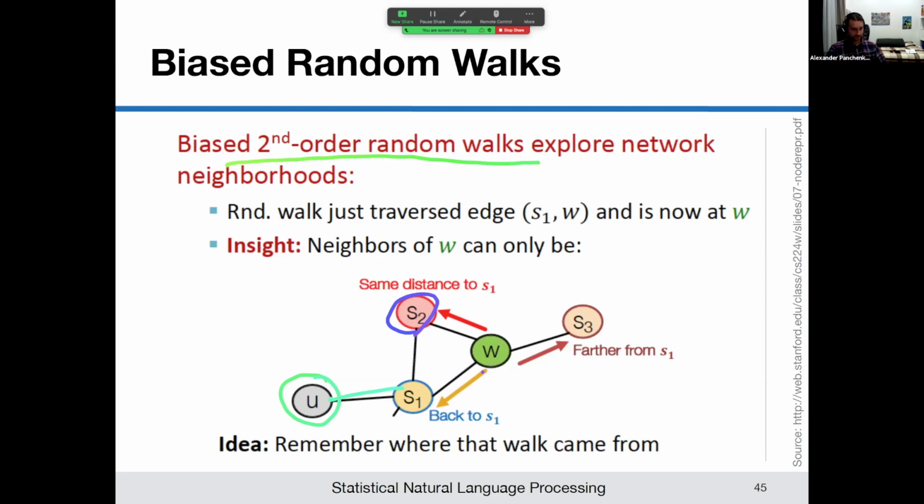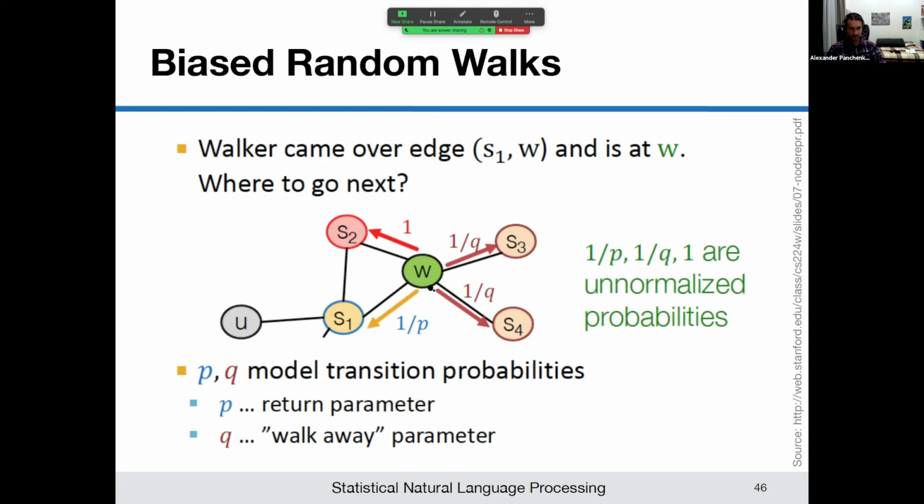So there are basically just a few options you can take here, and this P parameter will influence the probability of returning, while you're in this node, to the node where you have been previously.